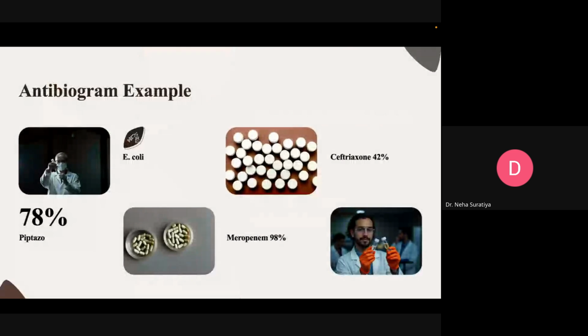We have an example for the antibiogram as well. See here, we have meropenem, ceftriaxone, and piptazo. If meropenem shows 98% susceptibility in this case of E. coli, does that mean everyone gets meropenem for treating E. coli?